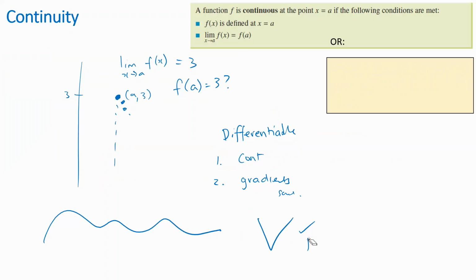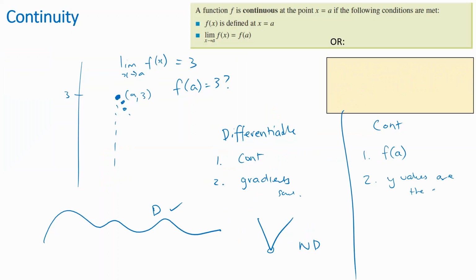So I'll say not differentiable, ND, at this point, but this is differentiable for every point. But then, what does it mean to be continuous? Continuous means you need two conditions. One, it has to have a value at x equals a. Then, the y values are the same on both sides. Okay?